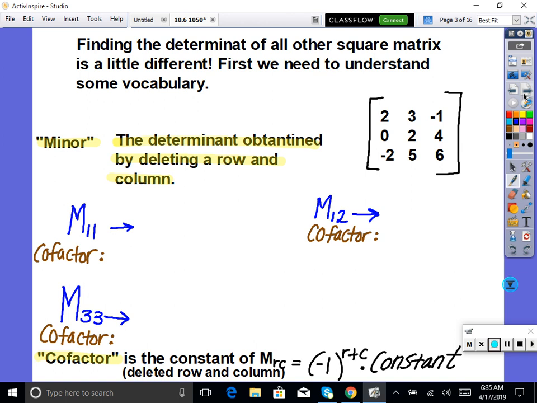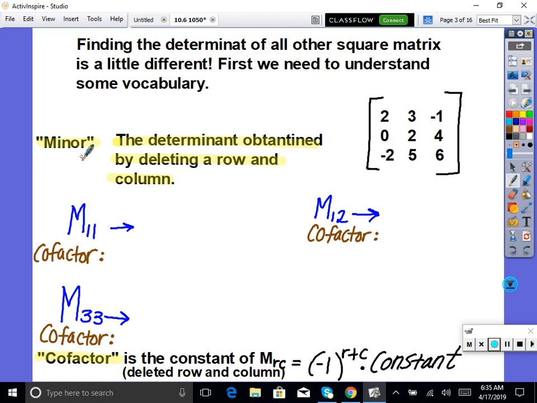Here I have a matrix. Here's my matrix. And a minor is the determinant that's obtained by deleting a row and a column.